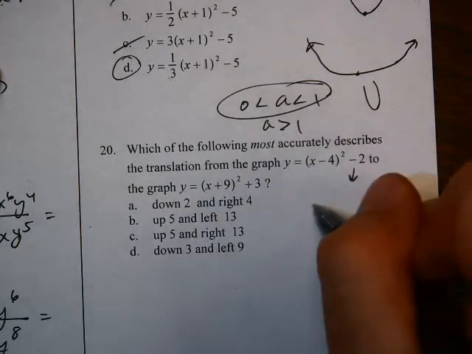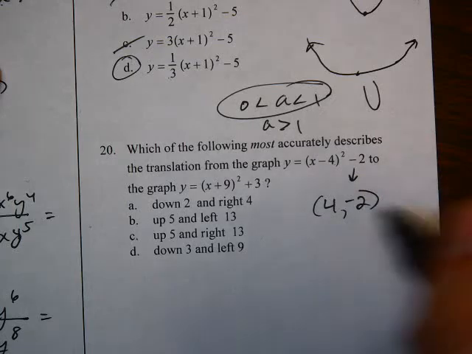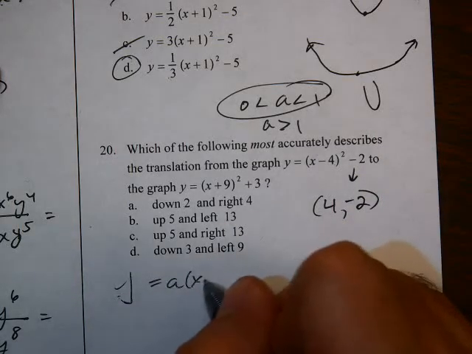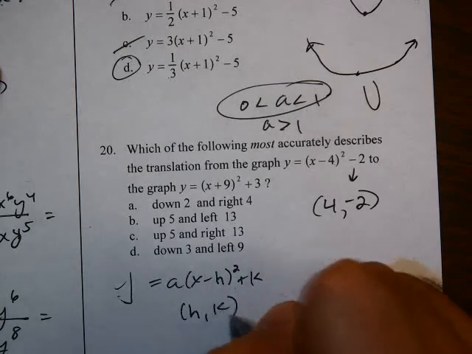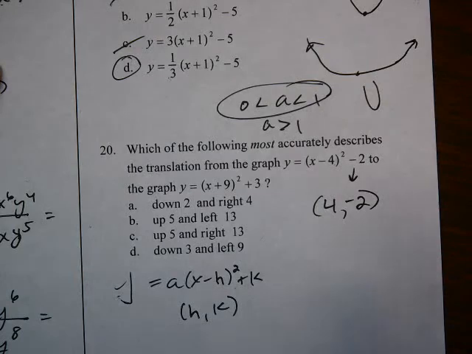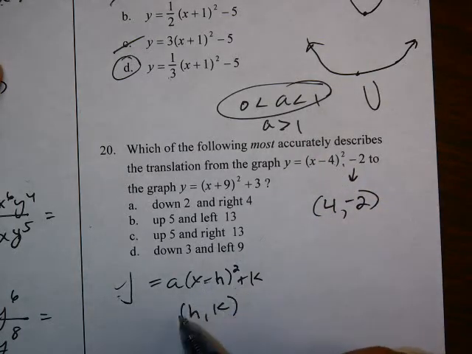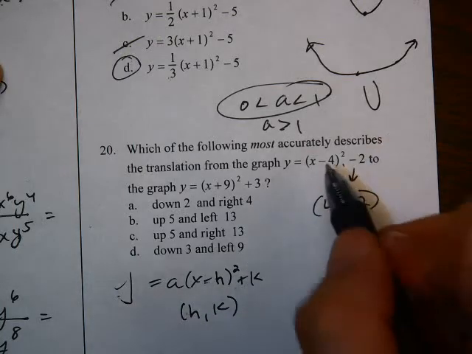The vertex of this one is going to be positive 4, negative 2. Remember, I'm referring back to y equals a times x minus h squared plus k, where the point h, k is your vertex. So inside the parentheses, minus h became positive h, so the minus has to switch to positive.